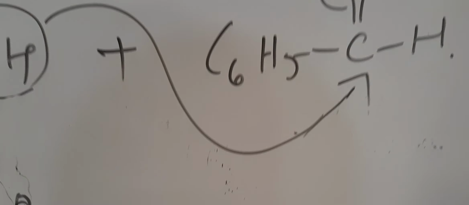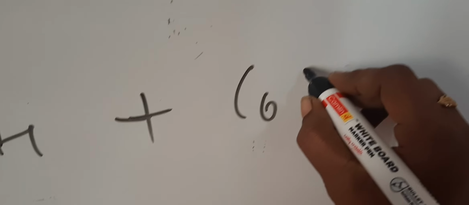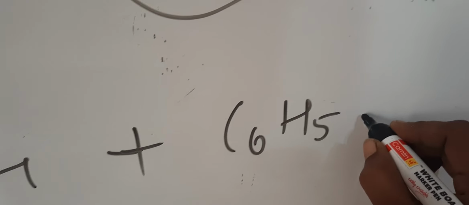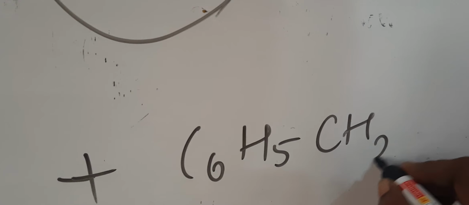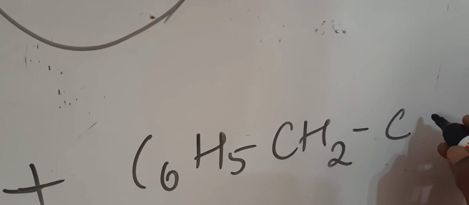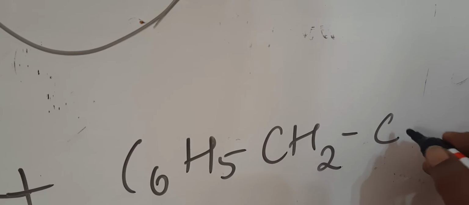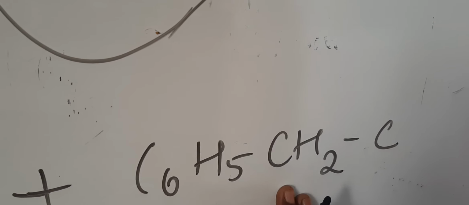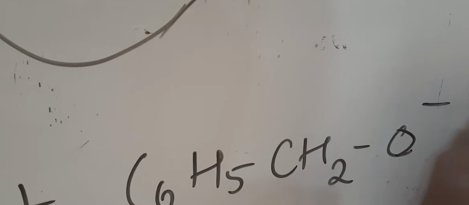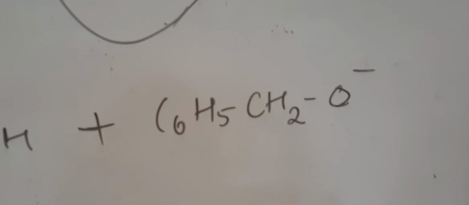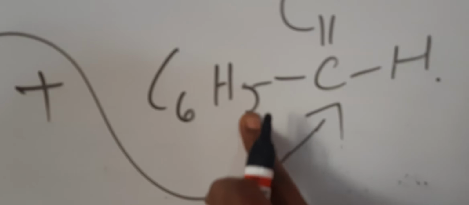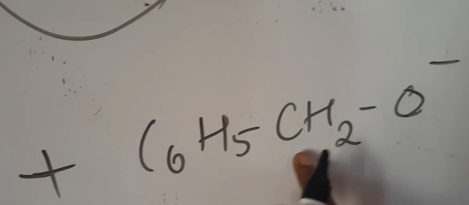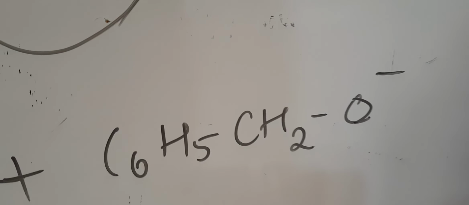So what do I get? C6H5 hydrogen attached here, so CH2, this bond shifted here, so C6H5CH2O minus.